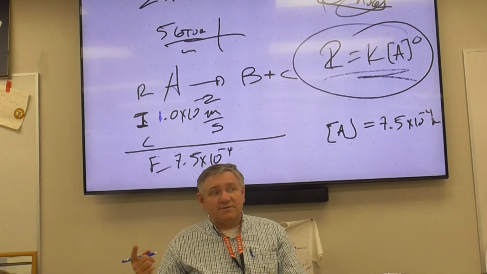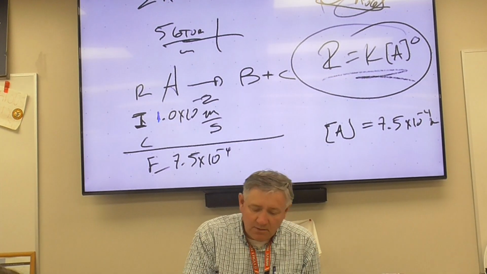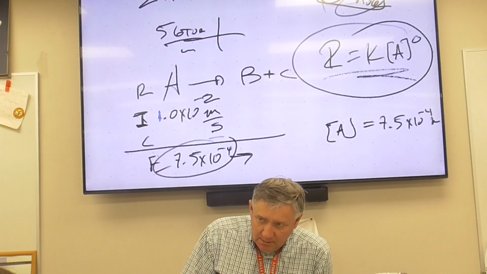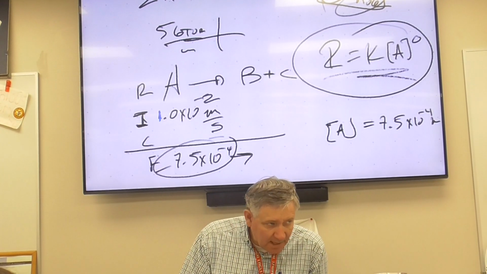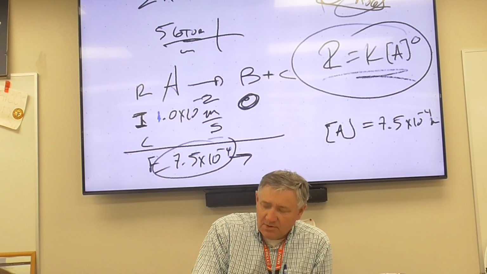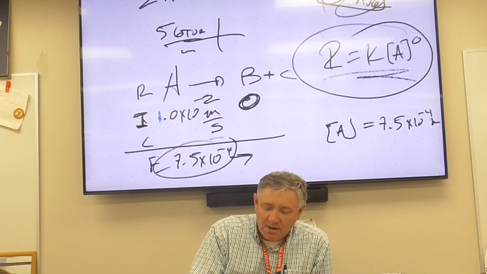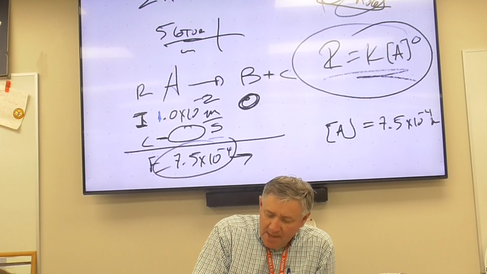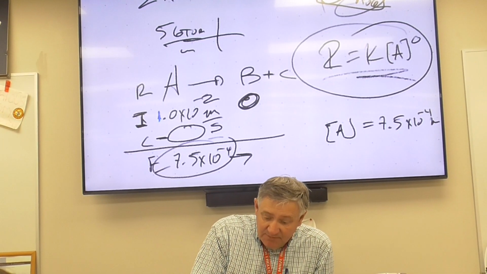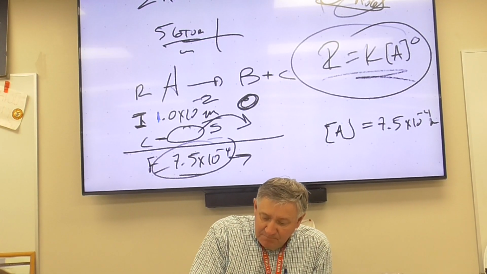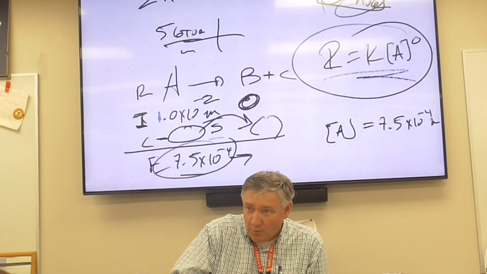So here's what you're tempted to do: go, oh, that's also the concentration of B. But it's not. If B starts at 0, which it does, then you have to figure out what you lose from A, because that's how much B you're going to form.